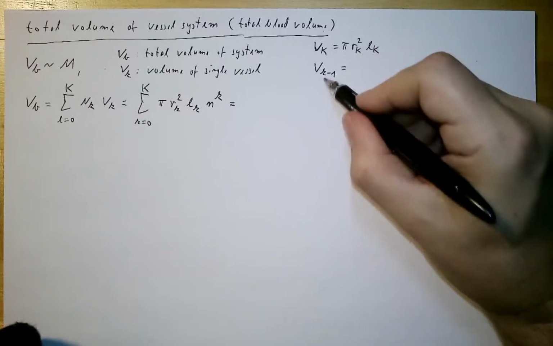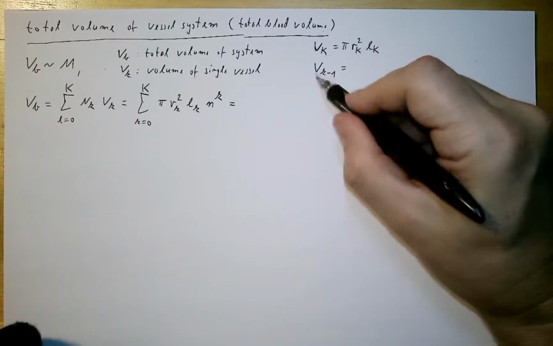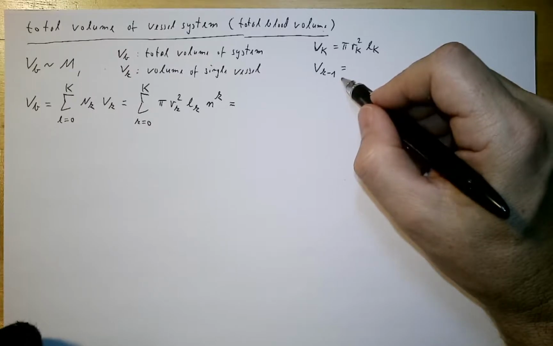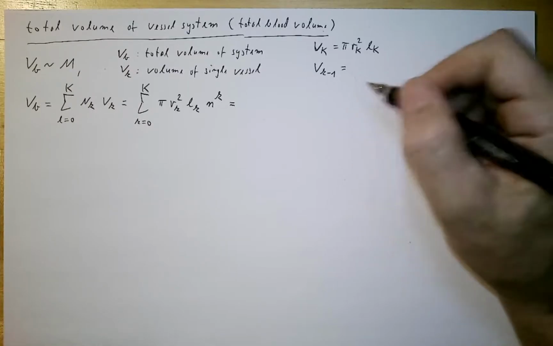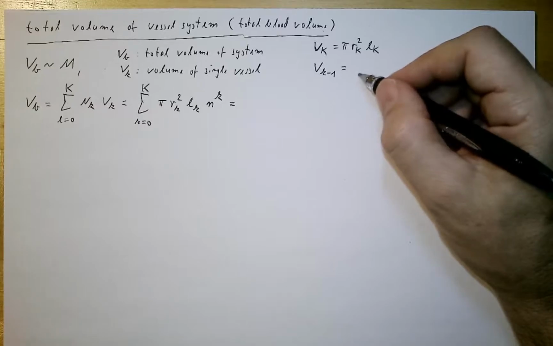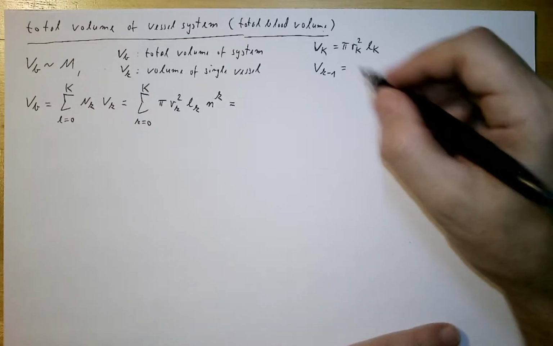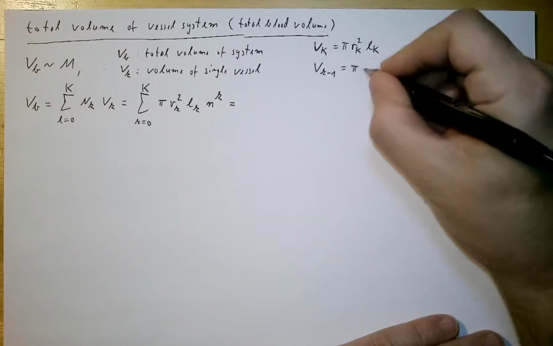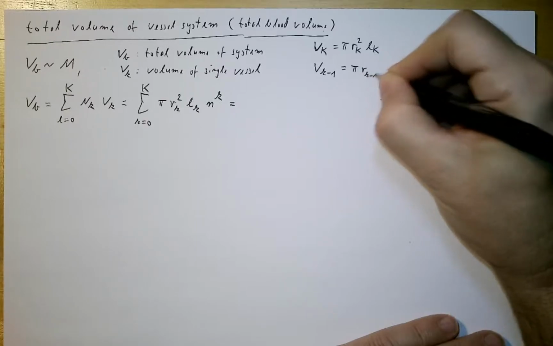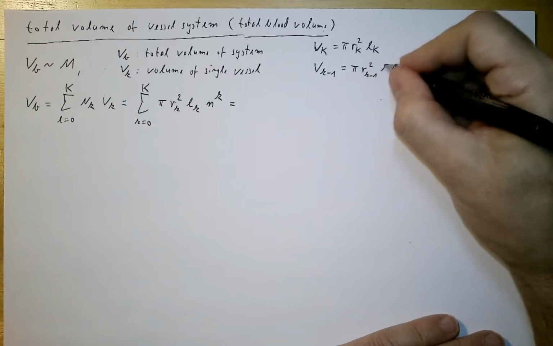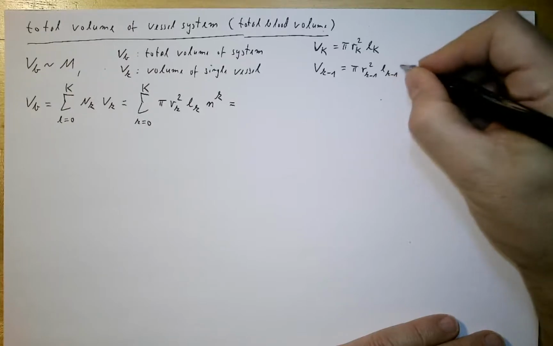This is a larger volume than the volume of a smaller vessel, and maybe let's first write it down. It's pi R K minus 1 squared L K minus 1.